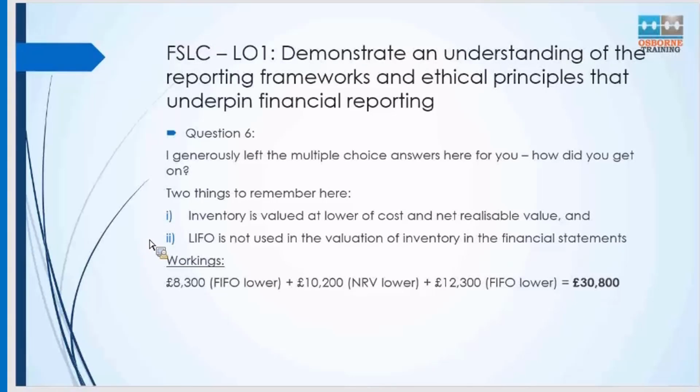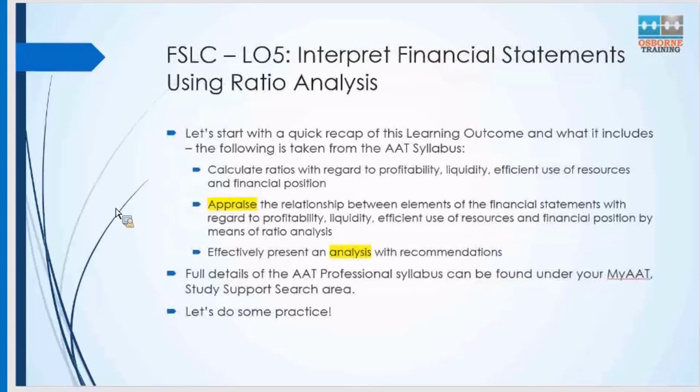So moving on, the other thing that we do include in our revision courses is a reminder of the different learning outcomes, and what you could potentially be examined on. Using ratio analysis from financial statements as our example, you need to be able to calculate your ratios with regard to profitability, liquidity, efficient use of resources and financial position.